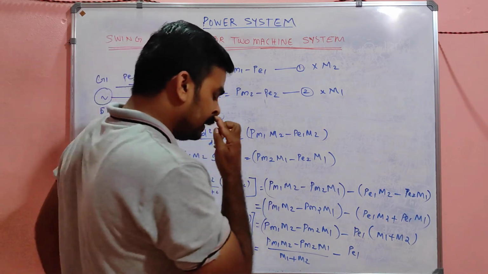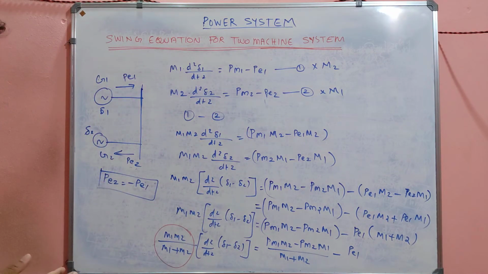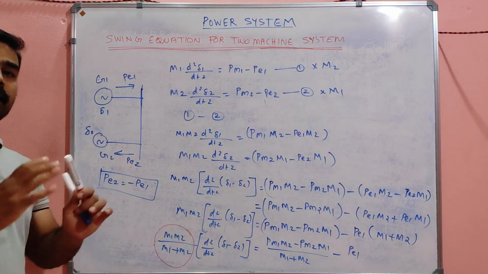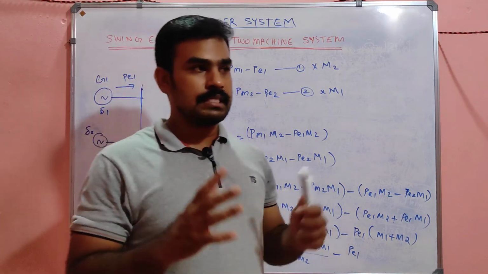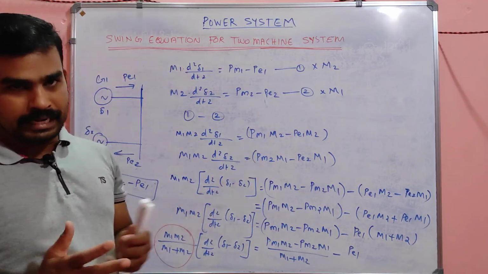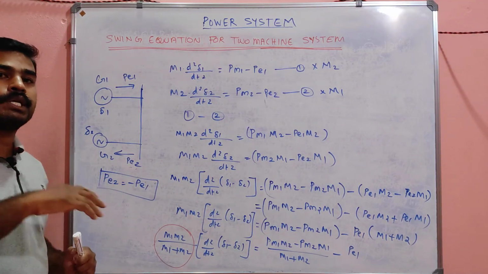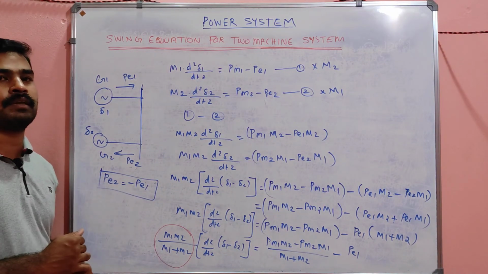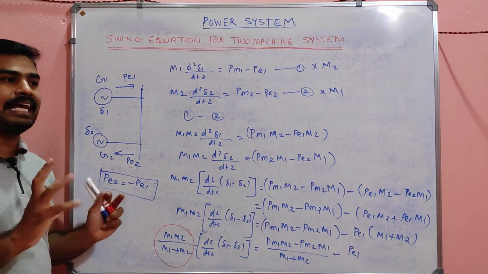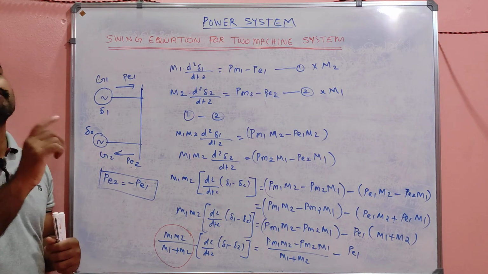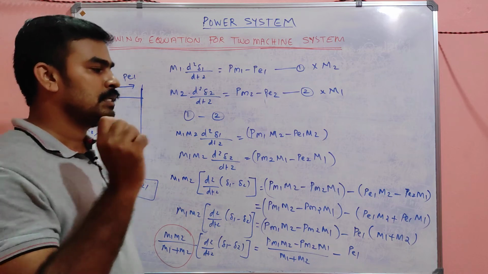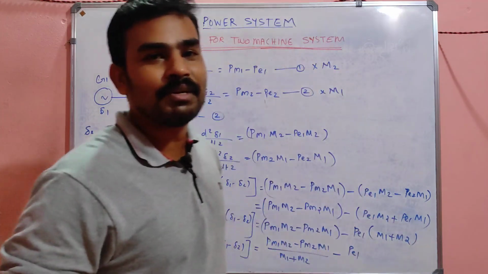That is a really important fact you have to note down. When it is in coherent operation, the moments of inertia will add up, and when it is in non-coherent or incoherent operation, the moment of inertia will act as in parallel. So M1 M2 divided by M1 plus M2. That is the only result you have to remember.